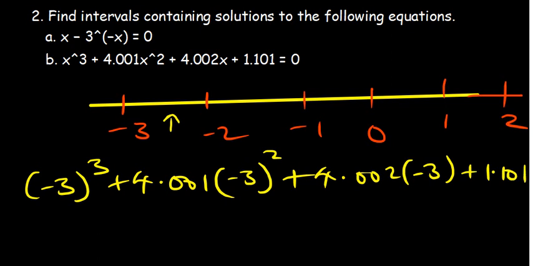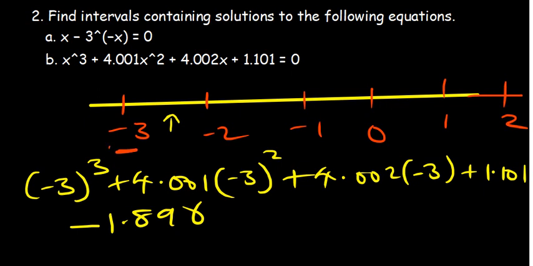Let me just plug that on the calculator. So you grab your calculator and then just try that out. I'm getting a negative value, negative 1.896. So take note of that. That has given us a negative value.